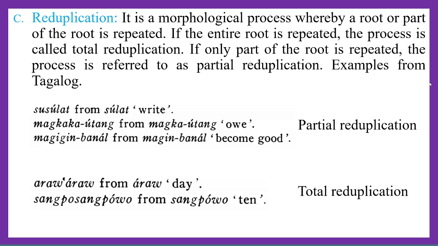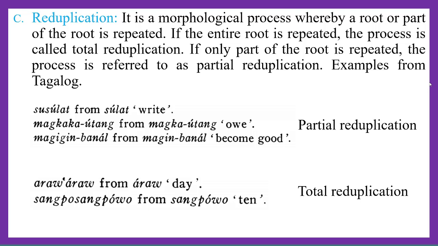So we have, as you can see, susulat. So we have su and su. These parts are repeated, not the whole word, but just part, just su that is repeated from sulat, for example. You can look at the data to have an idea about what I'm expressing here.